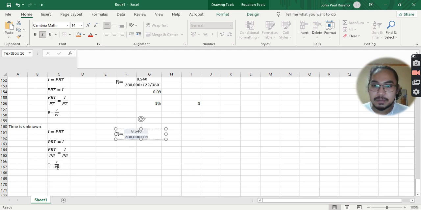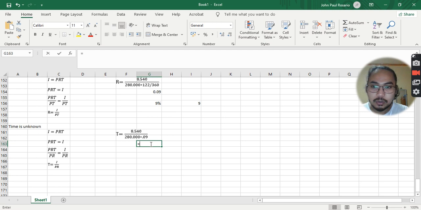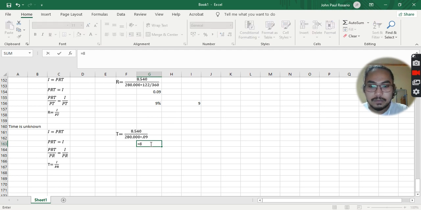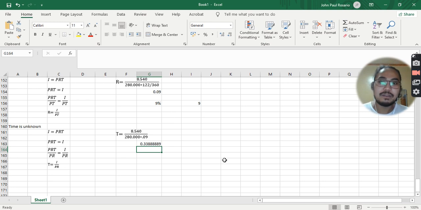Interest over principal times rate gives time. So 8,540 divided by 280,000 multiplied by 0.09. This will give you this value, 0.38.